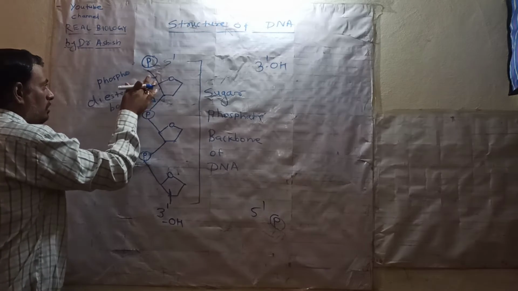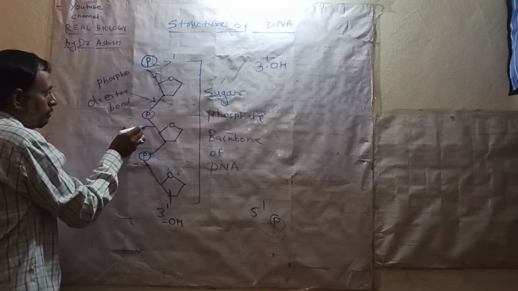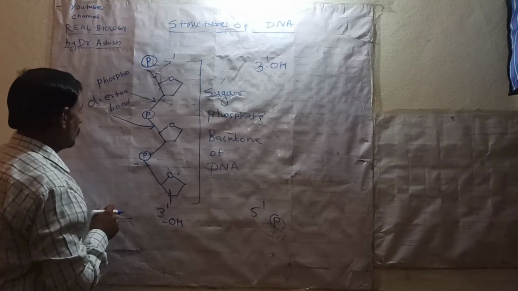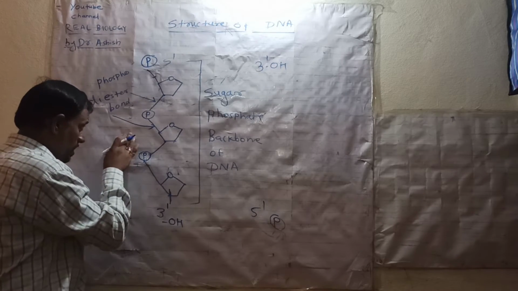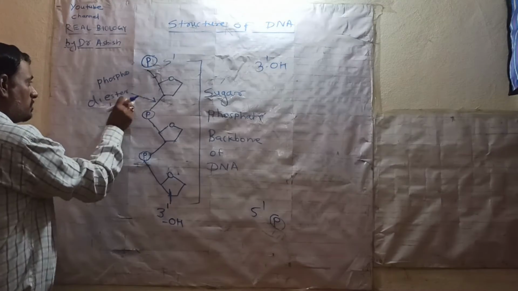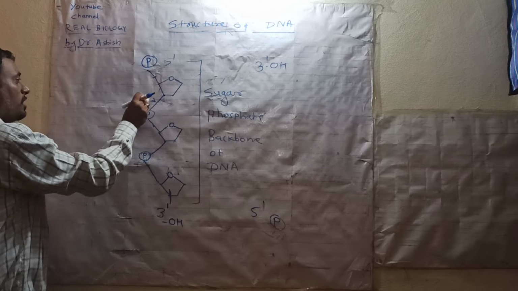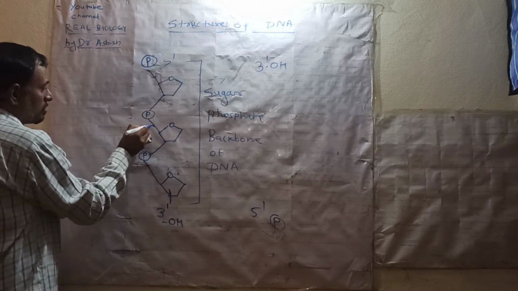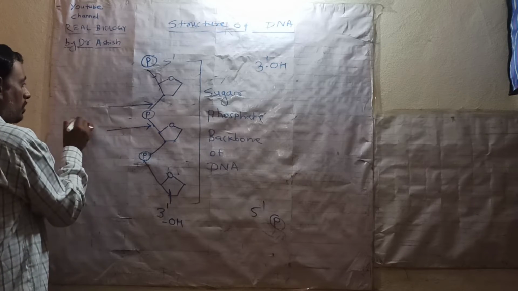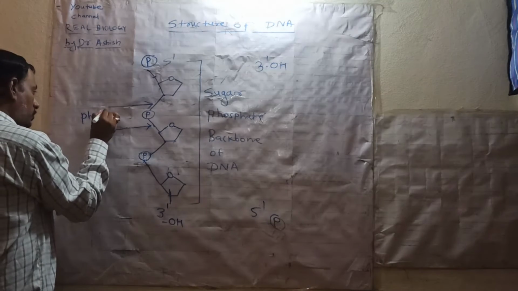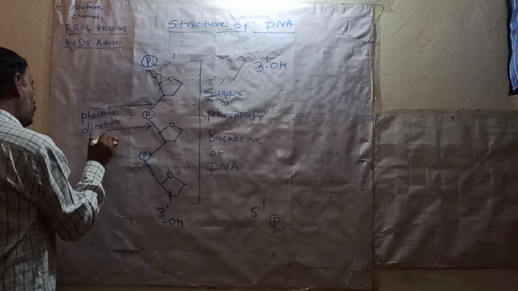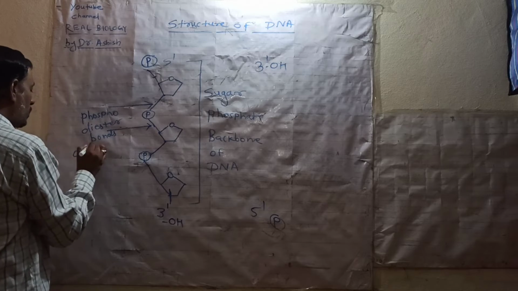You can also take the bonds on both sides of the phosphate group. You can pause and see how the phosphodiester bond is there. These bonds are phosphodiester bonds or linkage.